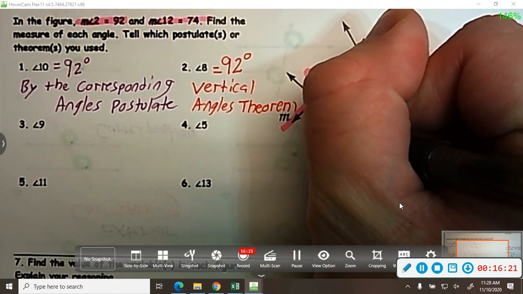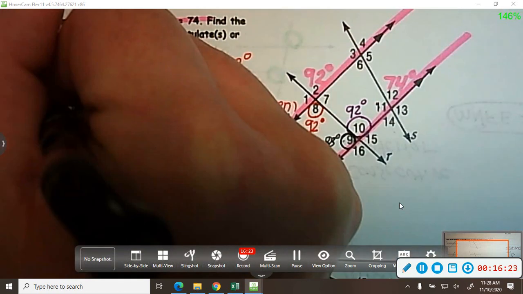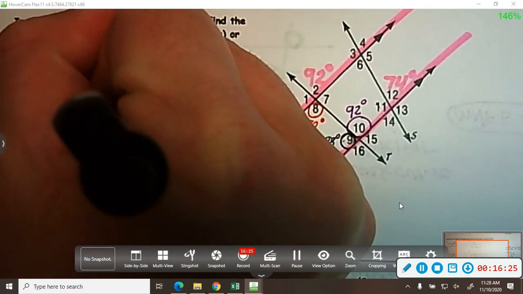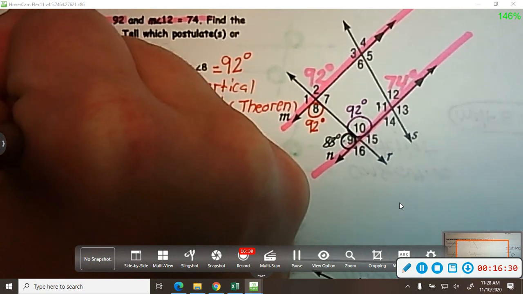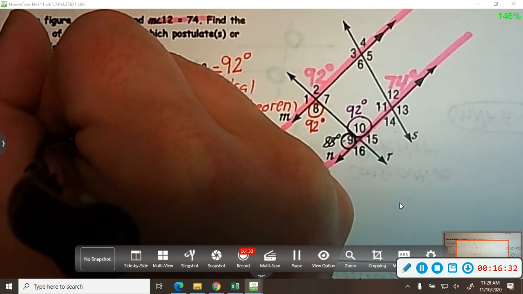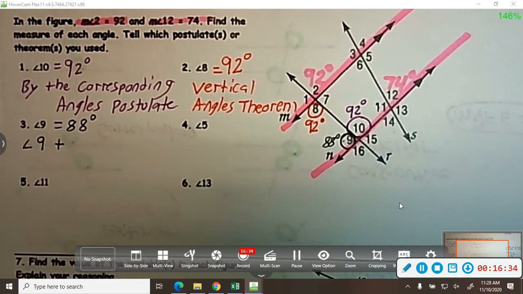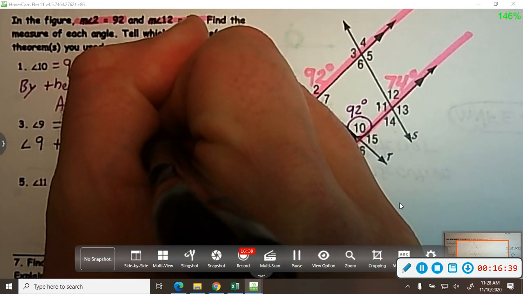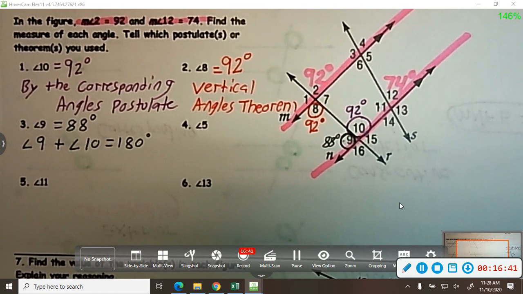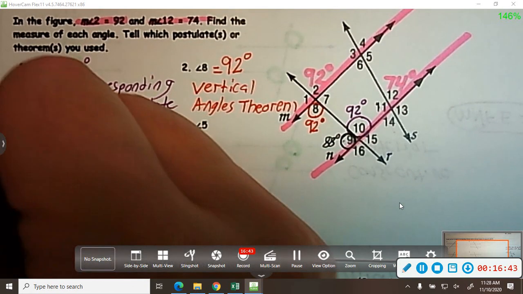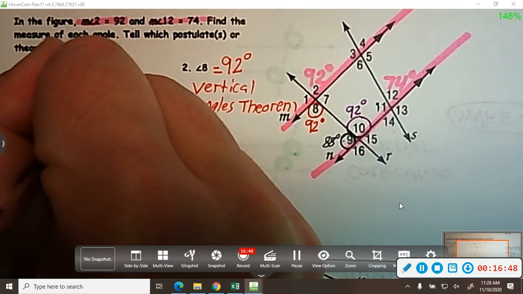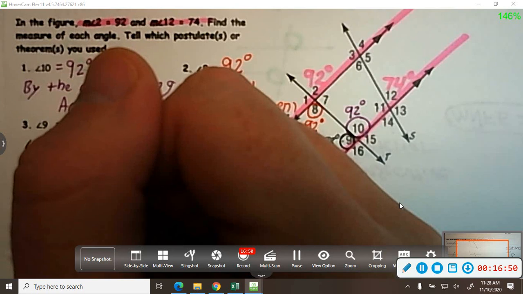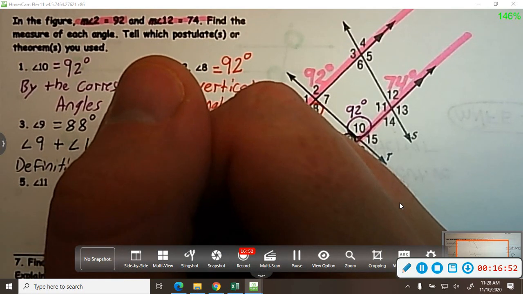So 9 is 88. Because I know that angle 9 plus angle 10 is 180. So I would say probably definition of linear pairs. Or you could say property of supplementary angles.